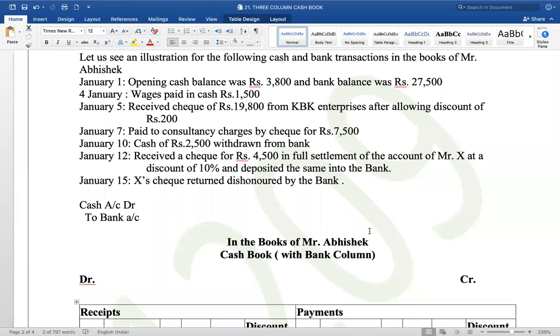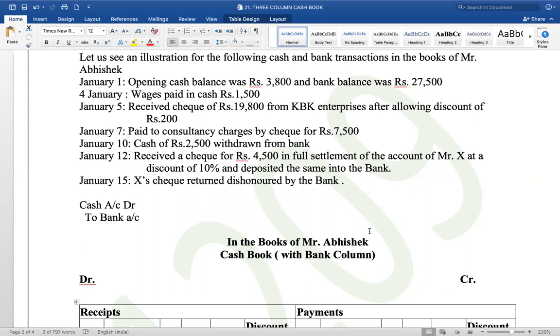We want money as early as possible once we sell goods, so to motivate them, we give this discount. Trade discount is given to boost up the sale. Cash discount is given to encourage them to pay in time.